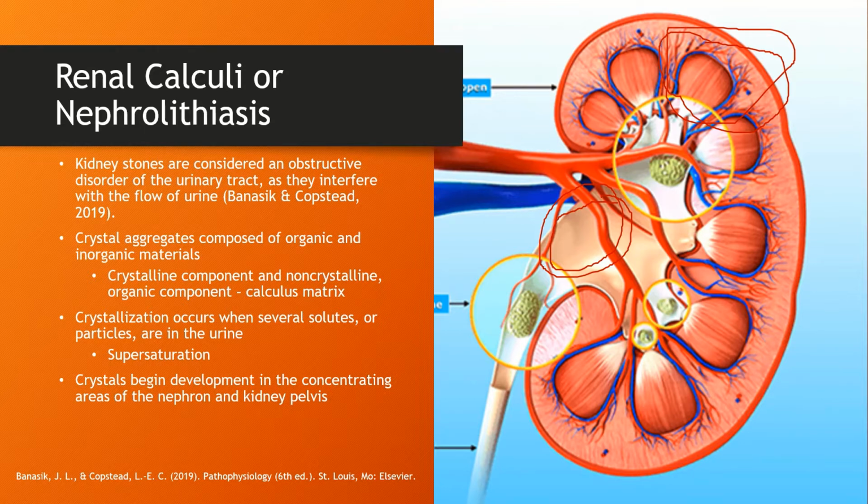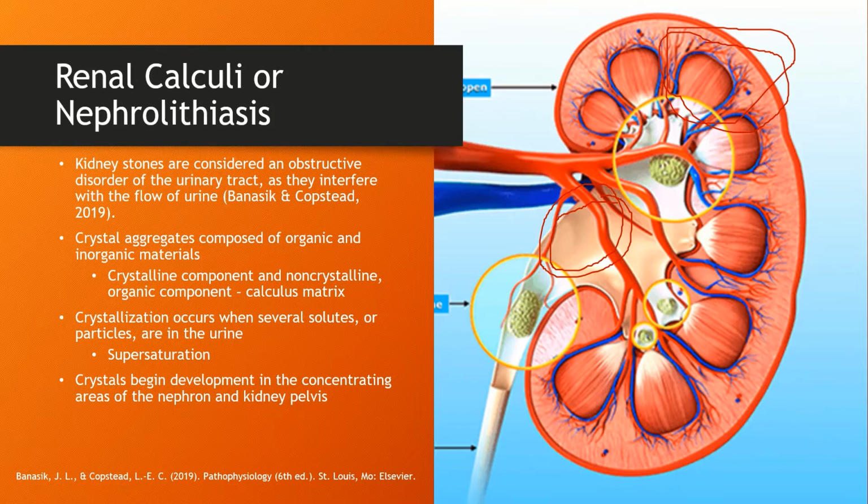They are crystal aggregates that are composed of organic and inorganic materials. They can be located within the urinary tract, and these can form within the kidney in the tubules or in the collecting system, and then they would migrate to more distal structures.